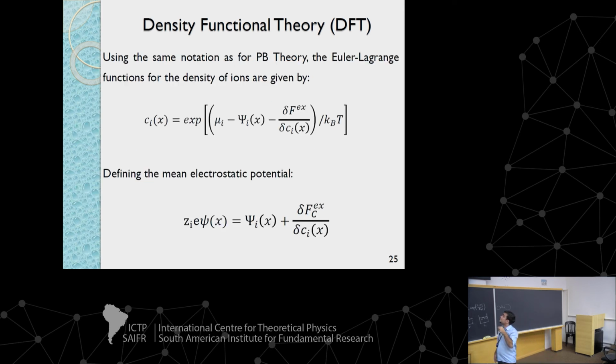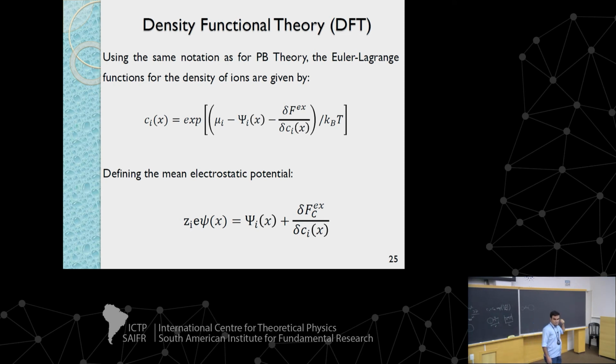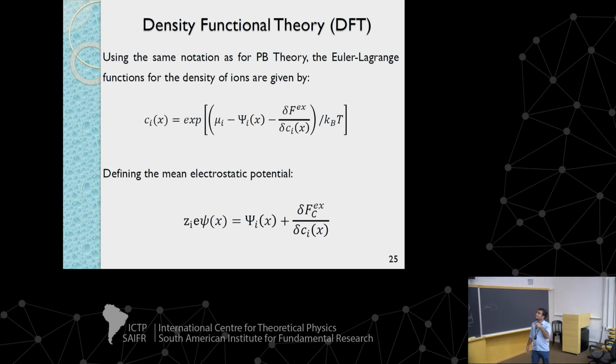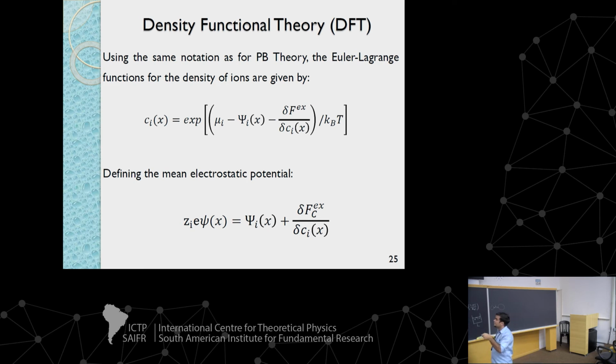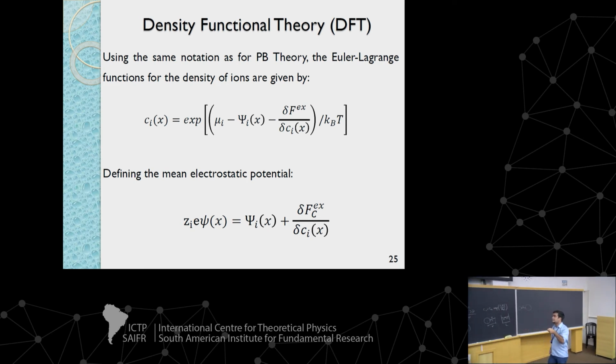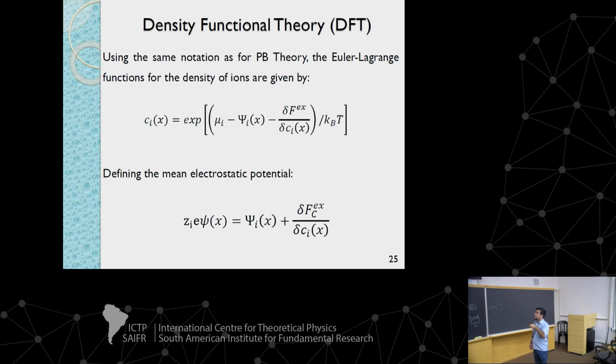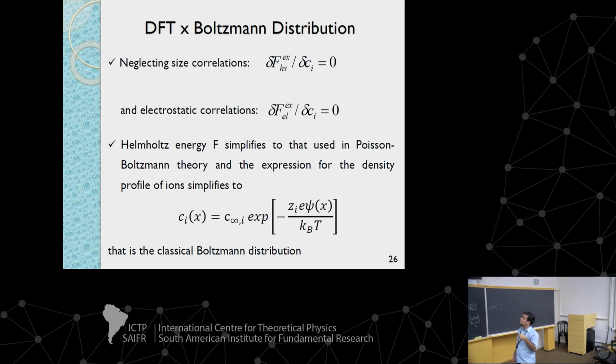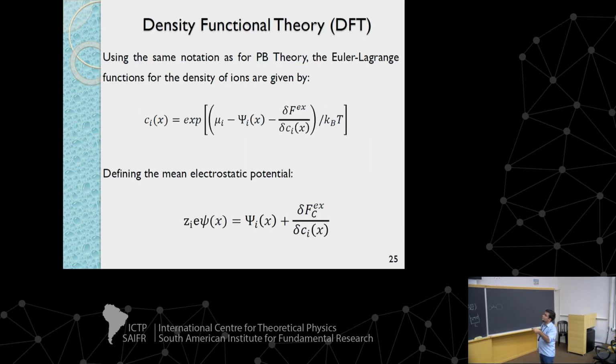So using the same notation that we used for Poisson-Boltzmann theory, we can write down this expression. So here, again, we have chemical potential, external potential, and here's the functional derivative of the excess Helmholtz energy. And defining the mean electrostatic potential, which would be this external potential plus the direct Coulomb contribution, we see that we get a very similar expression to the Boltzmann distribution.